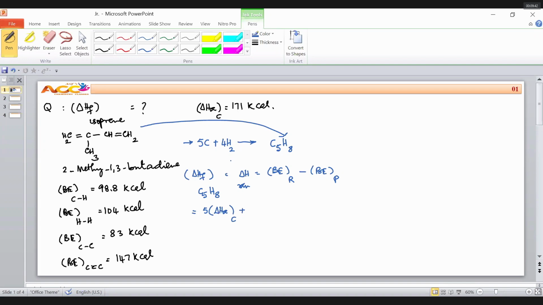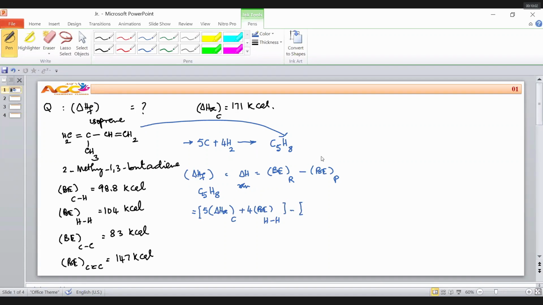Now hydrogen has a bond, right? And he has given the bond energy. Therefore, I should write bond energy of HH bond, four times. This is known as bond energy of reactants minus bond energy of products.